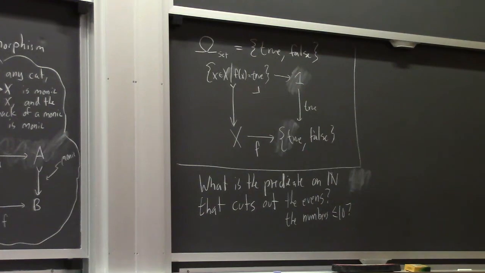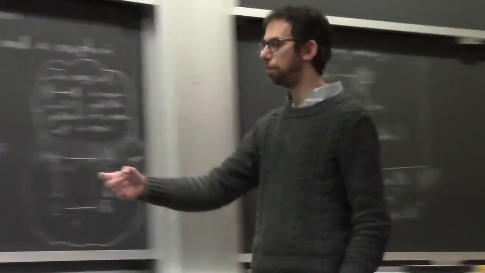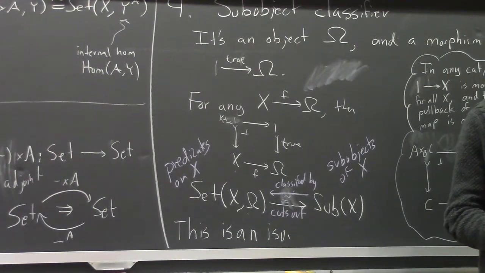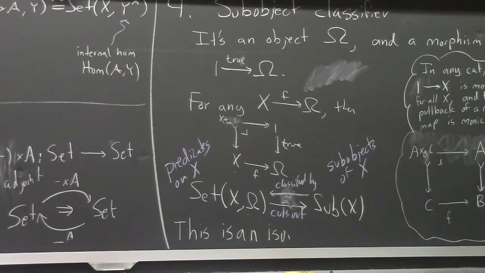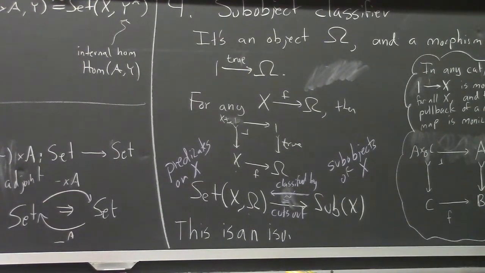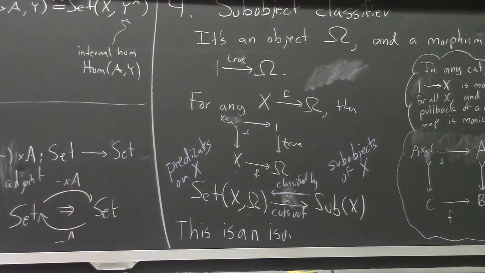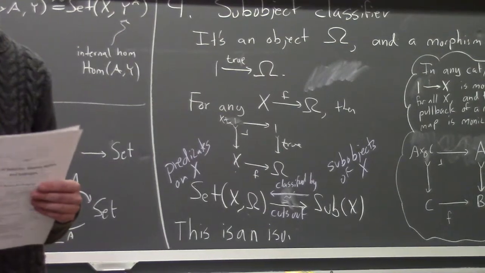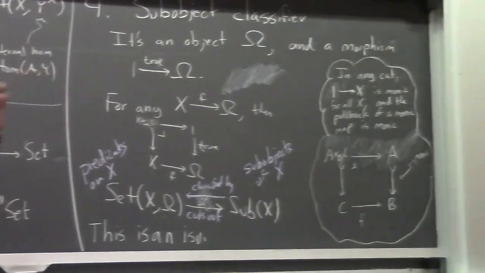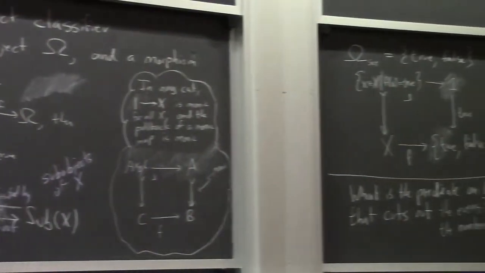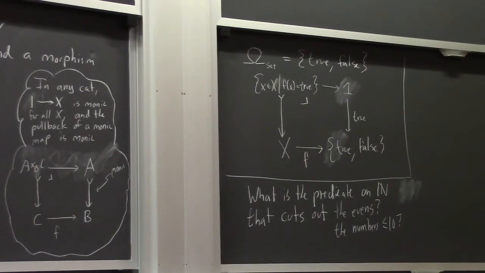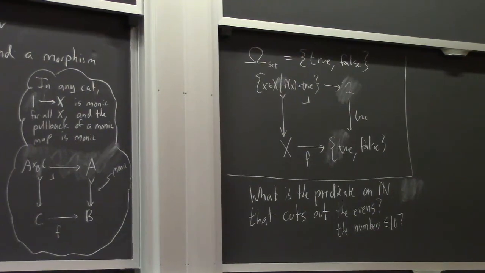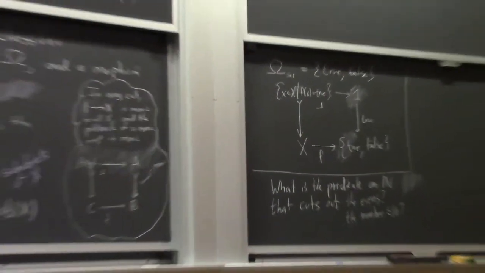What is a predicate? A predicate is a function from X to true-false. So it's kind of like the predicate is even, is less than 10. That's an English statement that a predicate could say. Is less than 10 is a map from naturals to true-false.